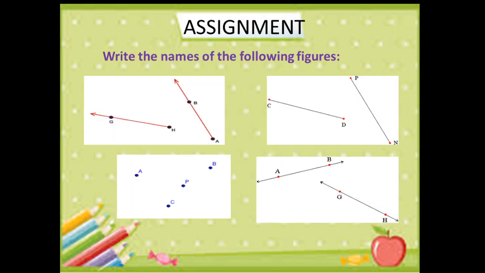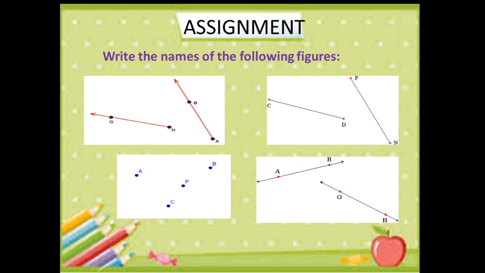The next assignment is you have to write the names of the following figures given in this question. The first one is a ray, right? So here the ray, the origin is point H. So you'll name the ray as ray HG. Similarly, in this figure, you have CD having two endpoints. You'll name it as segment CD and the other one also.